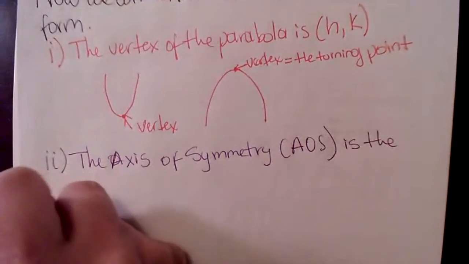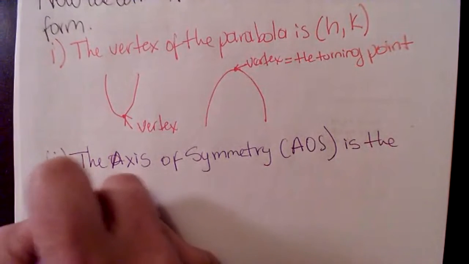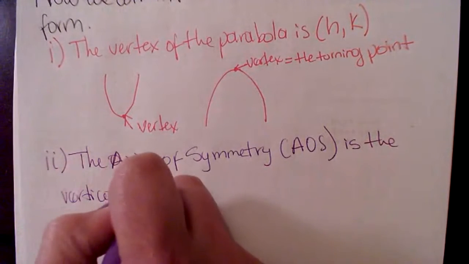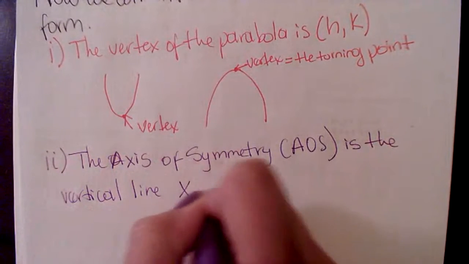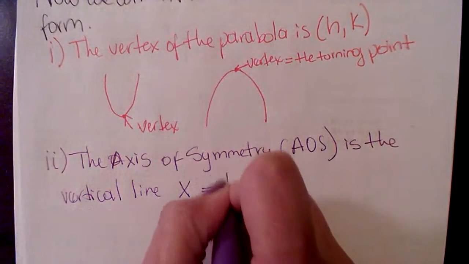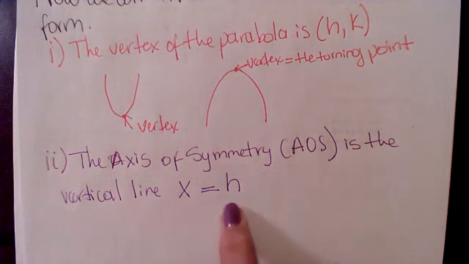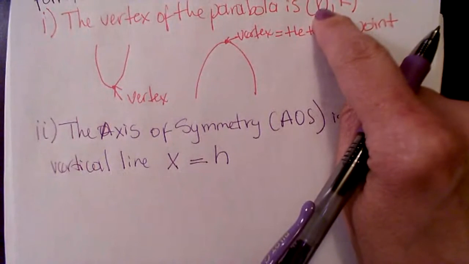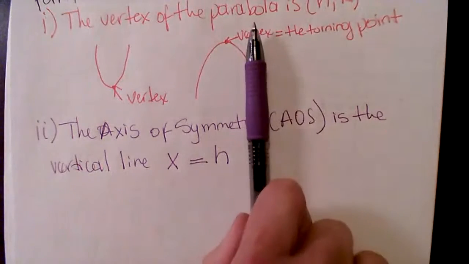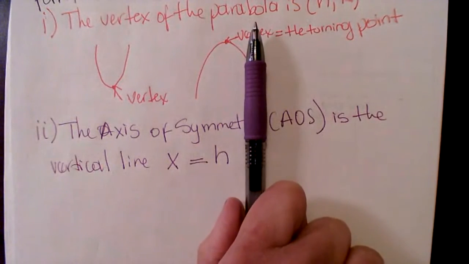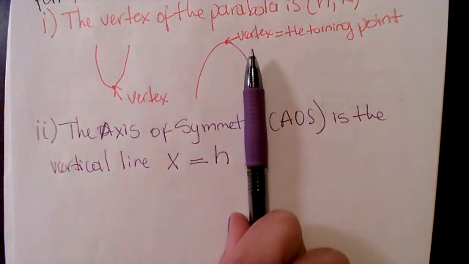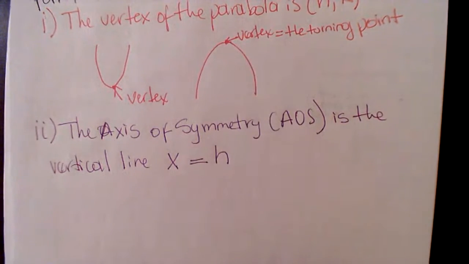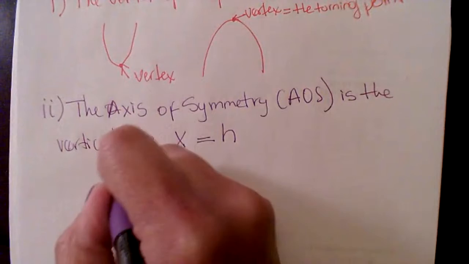It's the vertical line x equals h. Why h? Because h is x. It's perpendicular to the x-axis, and it goes this way.